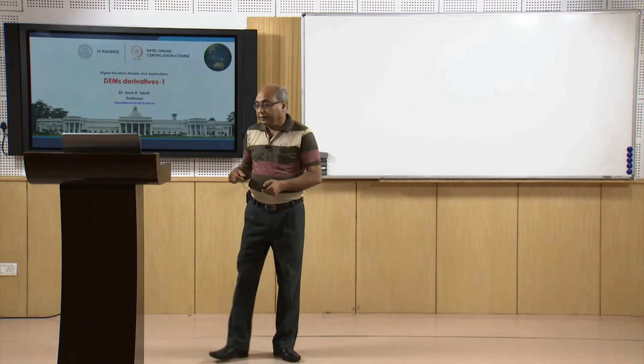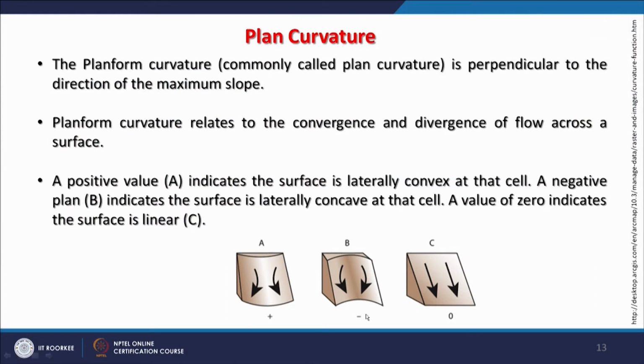So in example A, we have positive plan curvature, which indicates the surface is laterally convex at that particular cell, whereas a negative plan curvature, as in B, indicates that the surface is laterally concave at the cell.